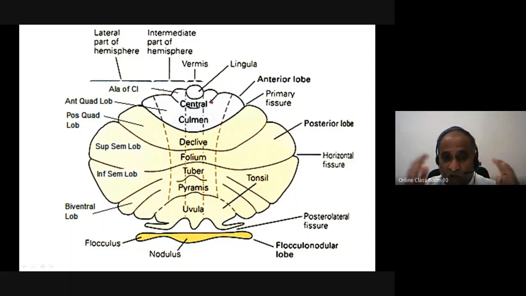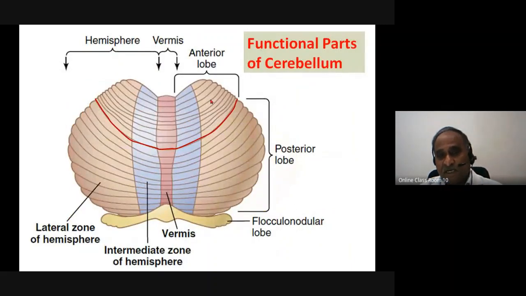Overall, if we are looking at the cerebellum, we can divide it into three different parts. Same thing I have just made. This is the primary fissure. This is the anterior part of the cerebellum, and this is the posterior part of the cerebellum, and you have the flocculonodular lobe.